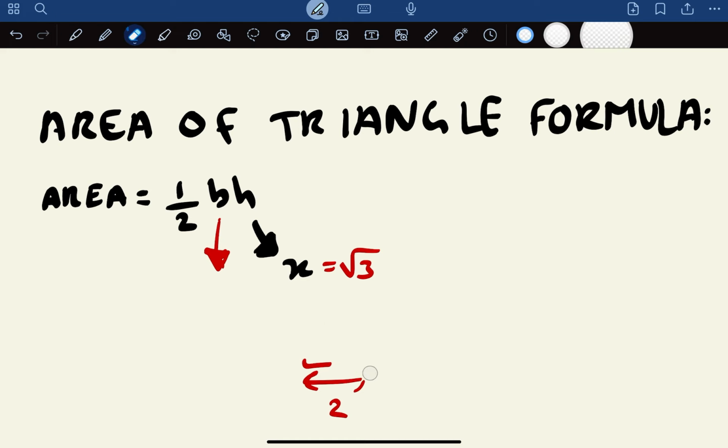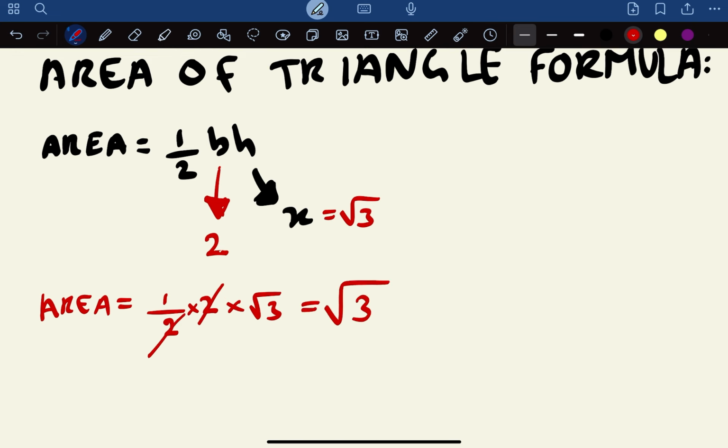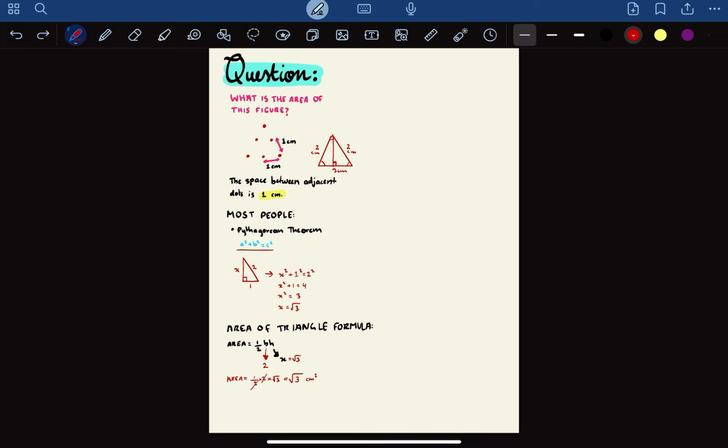So we're just going to use that knowledge to say that our base is 2. Then that means that our area is equal to half times 2 times root 3. So we can cancel out the 2's, and we'll get that the area is equal to root 3 centimeters squared. We need our units in there. However, it works all good for this particular triangle.